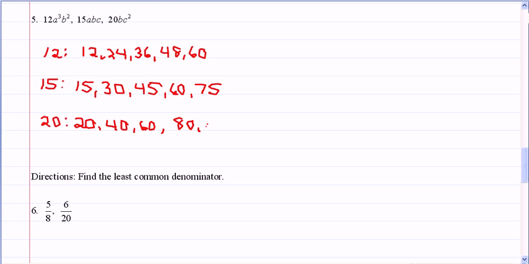And you can stop your list if you see a match, and I see that my first match was at the number 60. So don't feel you have to continue on if you already see the smallest number that the 3 lists have in common. So we start with our least common multiple is 60, and then I look back at my a's.